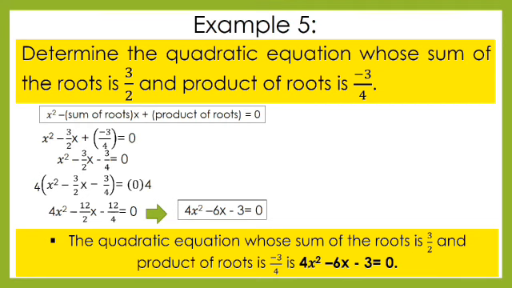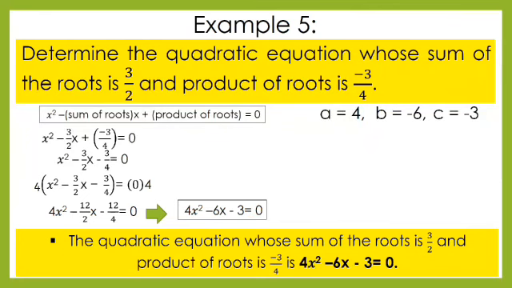To check if the answer is correct, let's determine the sum of roots and the product of roots using the values of A, B, and C. Let's identify the values of A, B, and C in this equation. A is 4, B is negative 6, and C is negative 3.